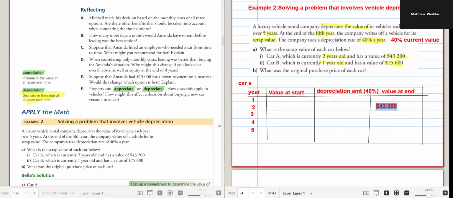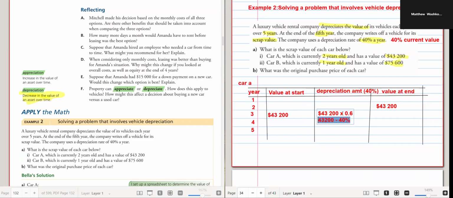So we start year 3 with the same amount. Now we need to take this amount and times it by 0.6, right? Because I'm losing 40% of its value. So you need to find out what 40% of that is and take it away. So you could either do that, or you could do 43,200 minus 40%. If you figure out, either of these work, they do the exact same thing.